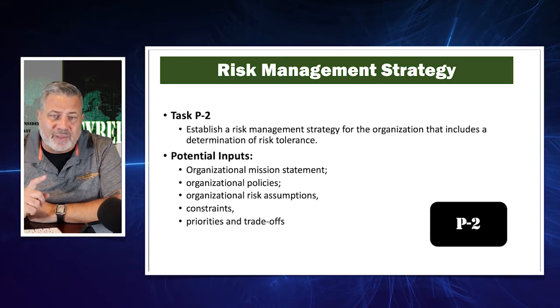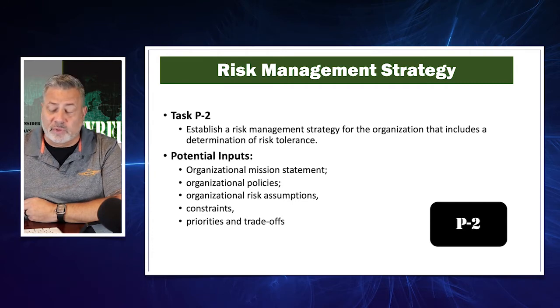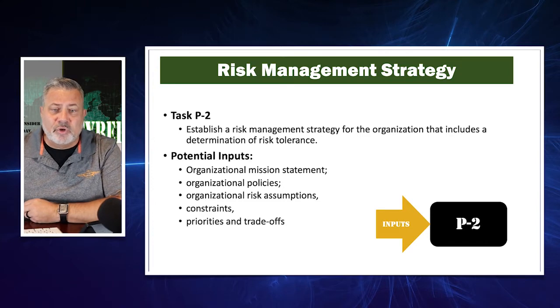Task P2, the title of this task is Establish a Risk Management Strategy for the Organization that includes a determination of risk tolerance. Potential inputs are the organizational mission statement, organizational policies, organizational risk assumptions, constraints, priorities, and trade-offs.